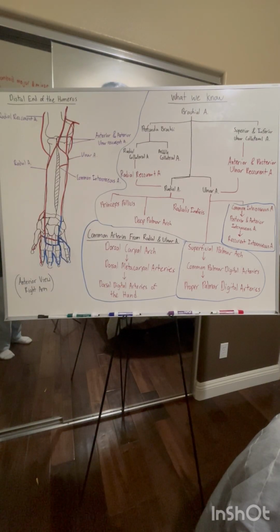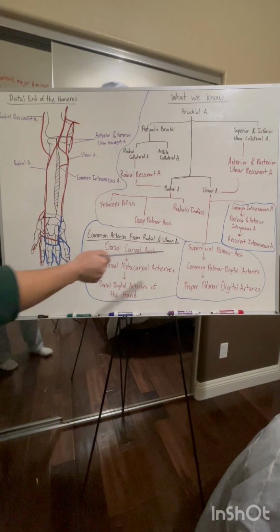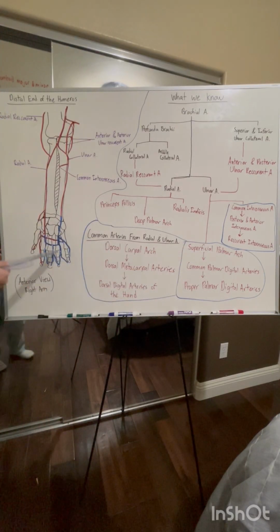So as we go back down to the hand, it's going to be a little bit more complicated just because there are more branches and little things that you need to know. We'll start off with the ulnar side, for the ulnar artery. You'll see that in the blue. I tried to make it easier for you guys, but for the superficial palmar arch, you'll see right here the blue line going across the digits.